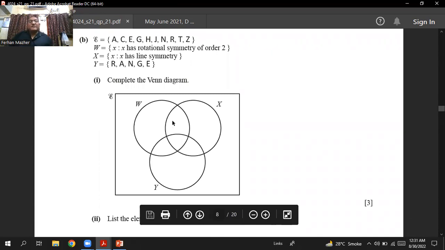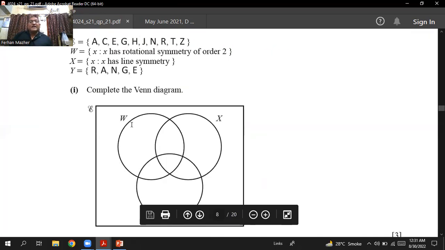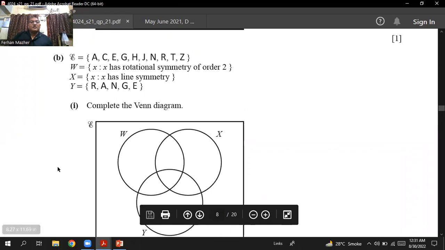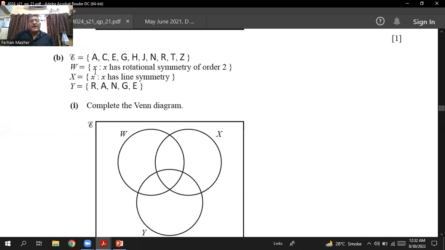It says that the universal set is this, and W is equal to X. X has rotational symmetry of order 2, and X has a line of symmetry.